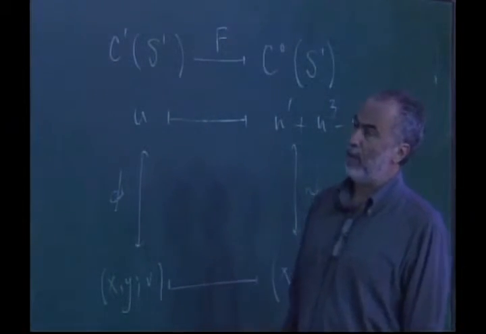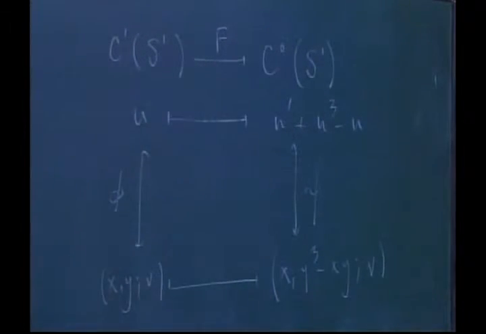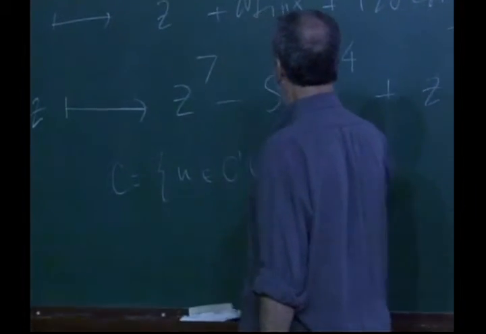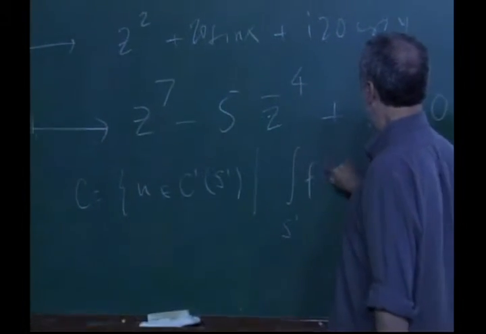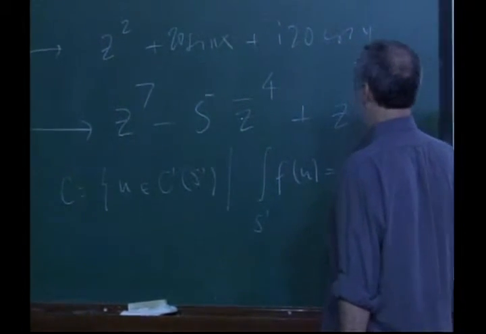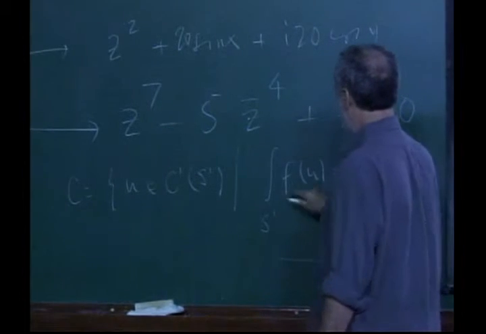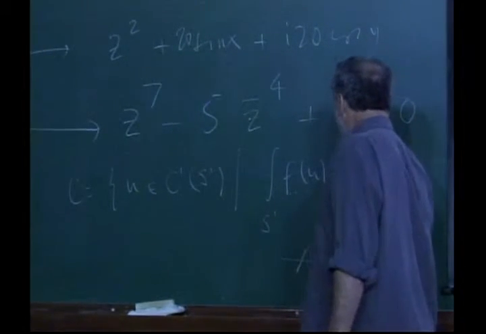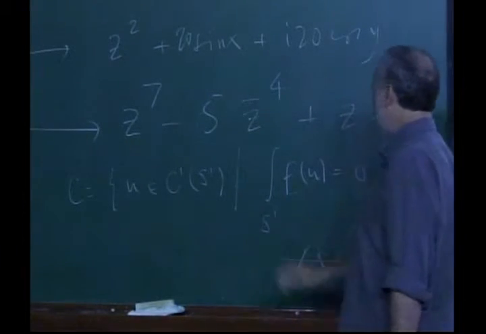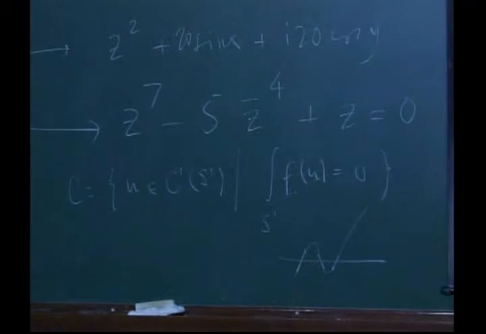Just to give you an example of what I mean by the necessary techniques, consider this set here. Pick the u's over here such that the integral over the circle of a function equals 0, where the only thing I know about the function f is that the roots are topologically transverse.